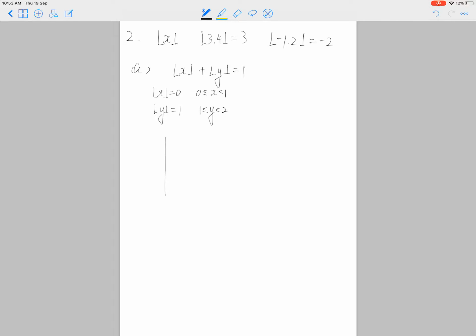So on the graph, x is from 0 to 1, y is from 1 to 2. Okay, so this part is included, this part is excluded, this part is excluded, this part is included. So it's this square.